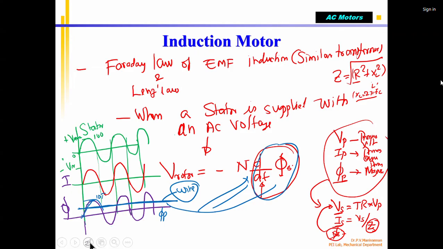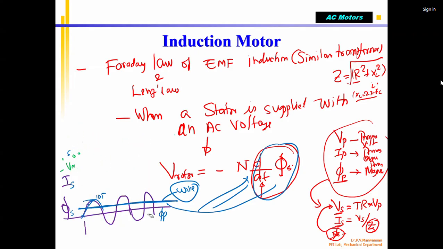In induction motors, in the stator we are giving AC voltage, because of which the stator current is varying. I say that this is stator voltage. This is the stator magnetic flux. So the rotor has a coil, but we are not supplying voltage. There is induced voltage. Because of that induced voltage, a current flows in the rotor.